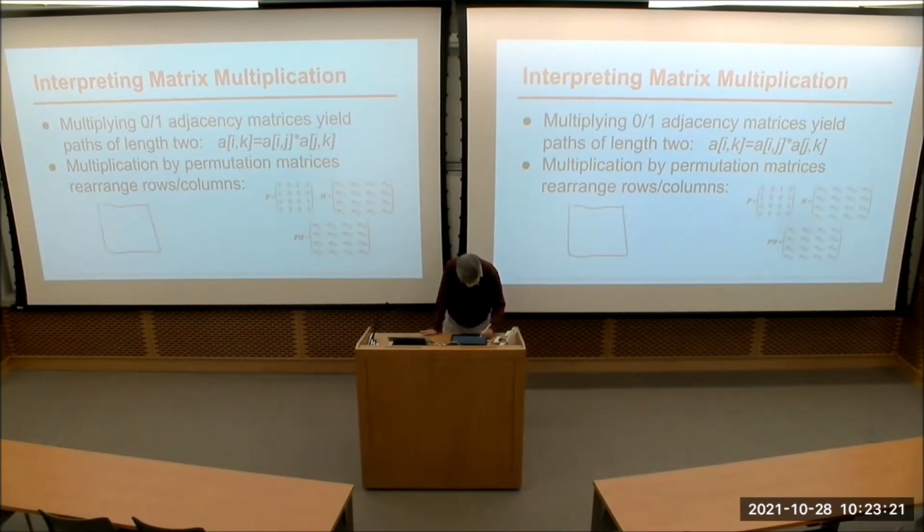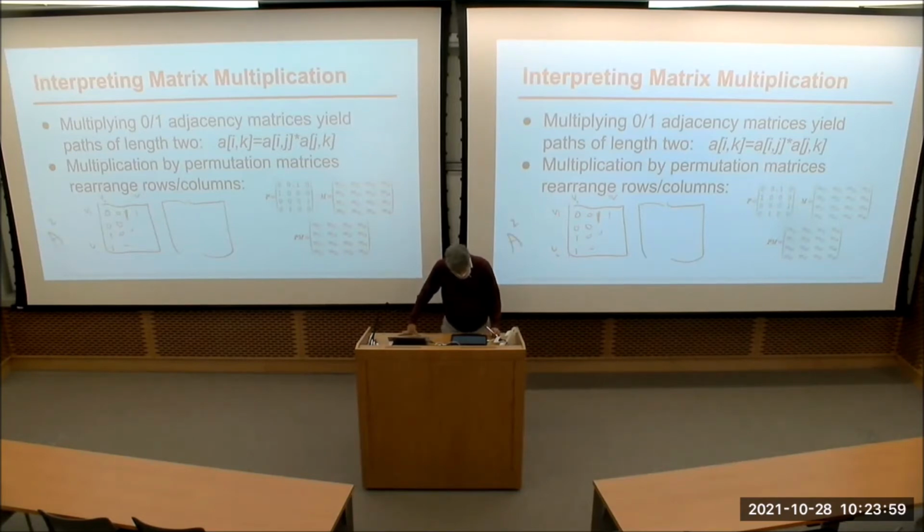Remember, adjacency matrices were typically 0, 1 matrices, with rows and columns indexed by V1 up to Vn, and element ij telling you whether there was an edge from i to j. What happens when you take the adjacency matrix of a graph and multiply it by itself? So you get A squared.